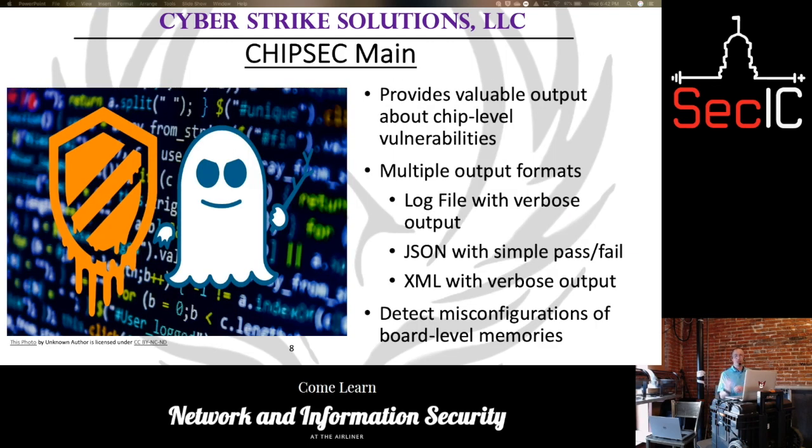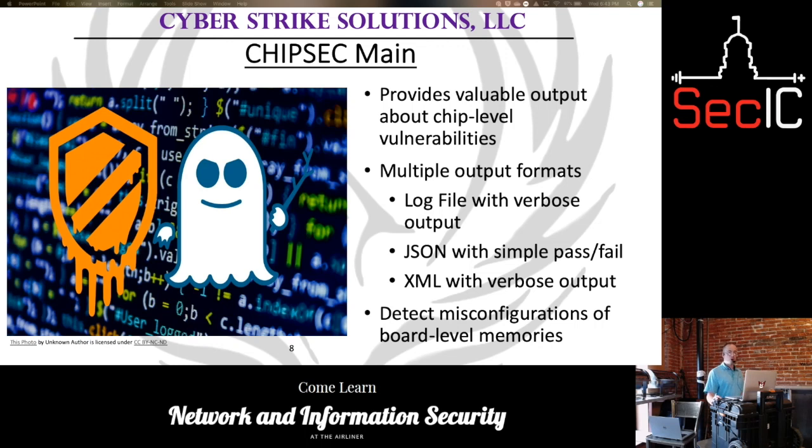The CHIPSEC Main module does provide valuable output about any chip level vulnerabilities. For instance, one of the bigger ones they have on there is Spectre version 2, and it provides you with that information if you have a system that you can configure in a way that is mitigating that, or if you're just kind of hosed.